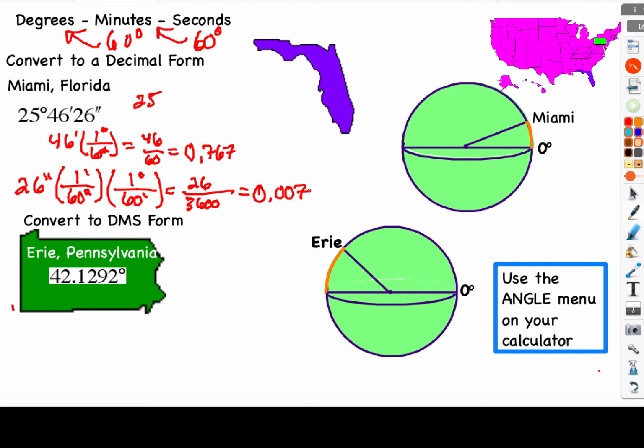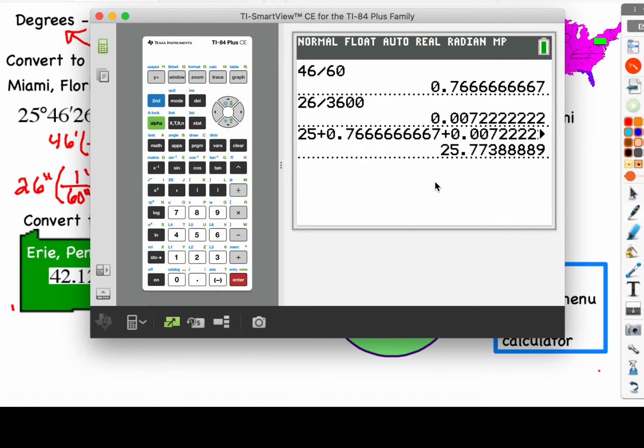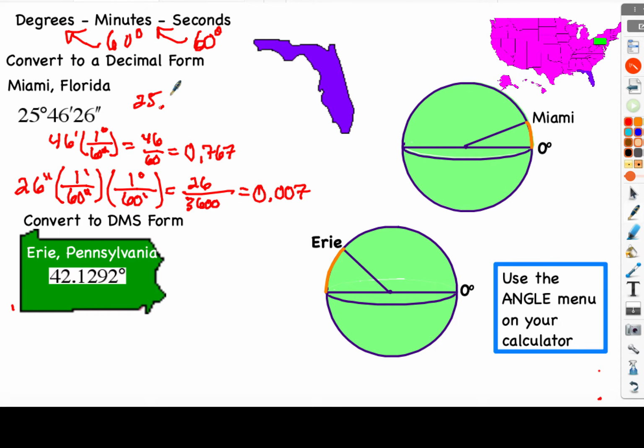Now, if we add those numbers together, we want to add up our 25 plus our 0.76 repeating, and then also add on our 0.007, and our answer will be 25.774 if we round accurately to 3 decimal places. 25.774 degrees.